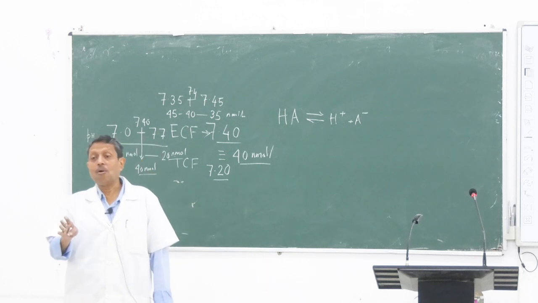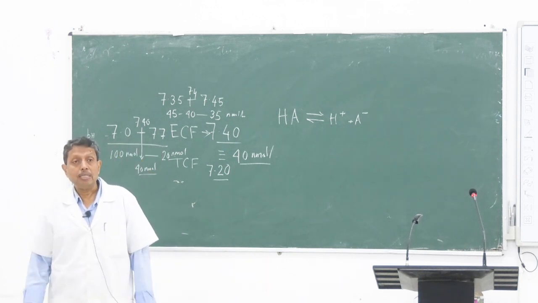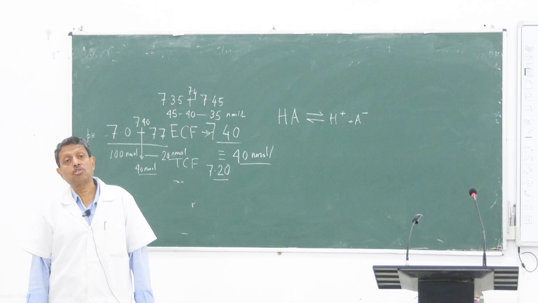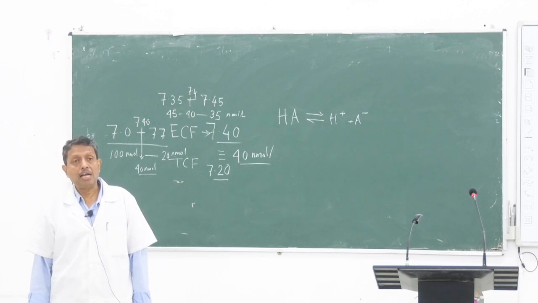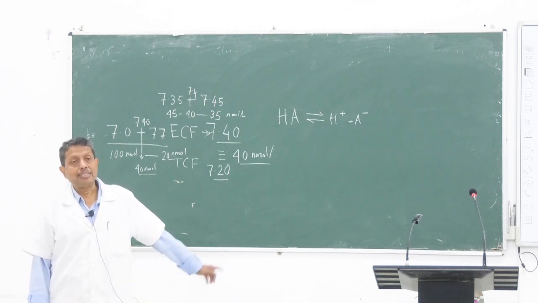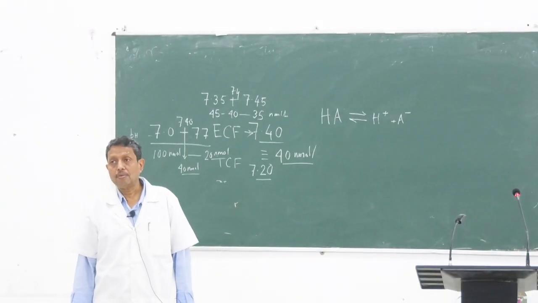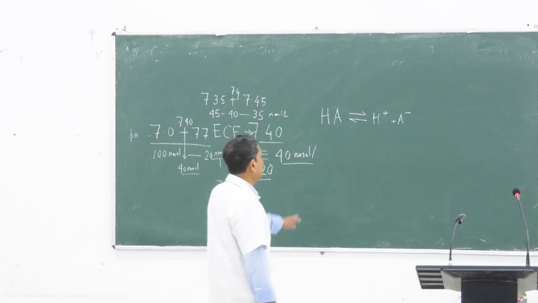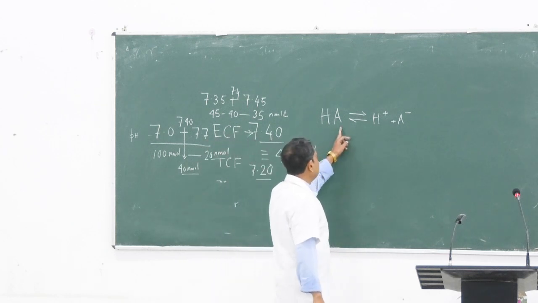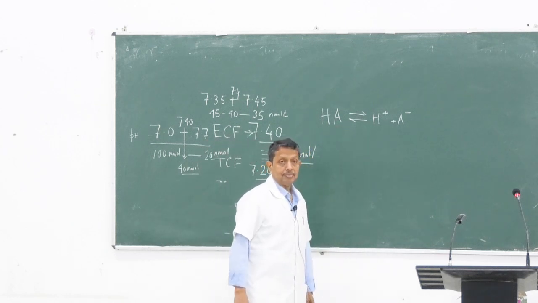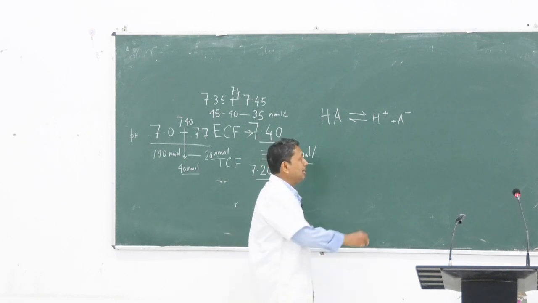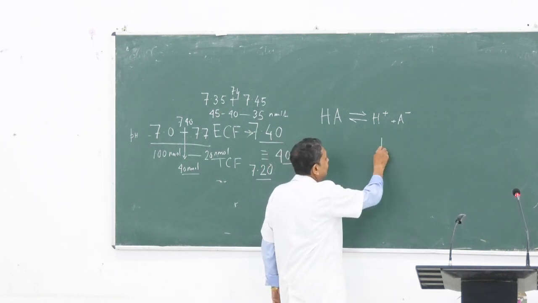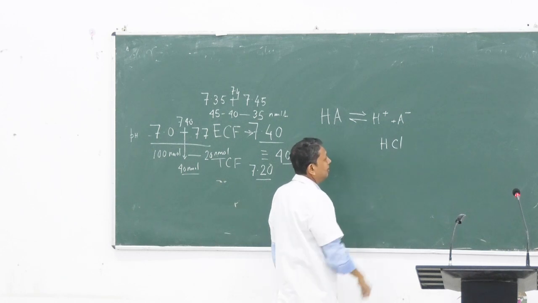Strong acids dissociate completely, even in concentrated solutions, so they are not buffers. These buffers have this effect. How do they have their effect? Suppose in a solution that contains this weak acid, you add a strong acid like HCl.